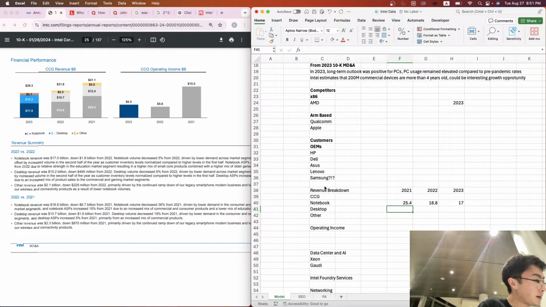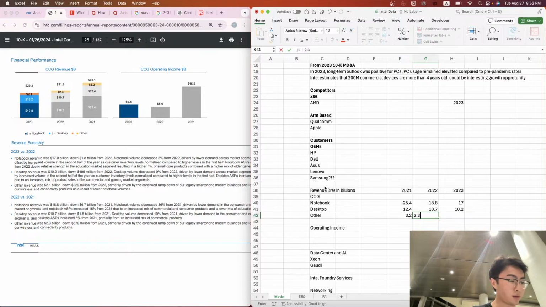Okay, desktop 12.4, 10.7, 10.2, other 3.2. Okay, these are in billions as well. So in billions, 3.2, okay, 2.3, 2.1.